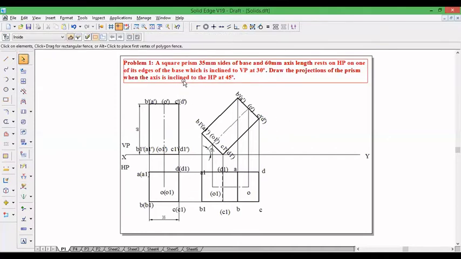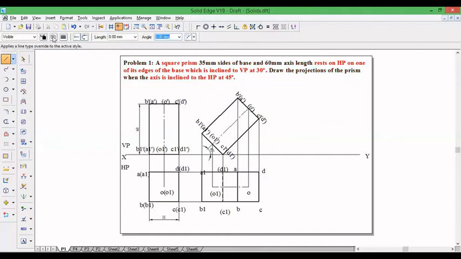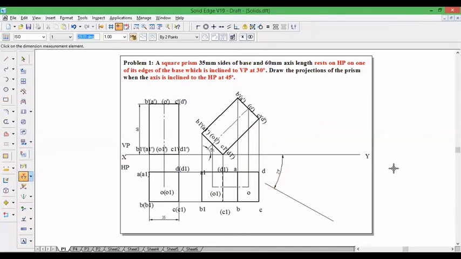The final position is the base which is inclined 30 degrees to VP. So take a continuous thin line, and take an angle between these two, 30 degrees.